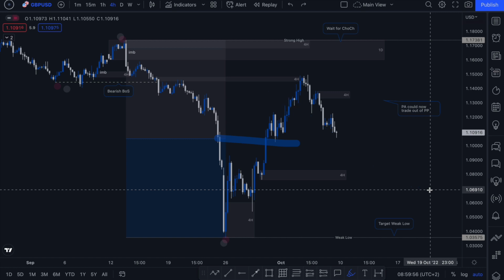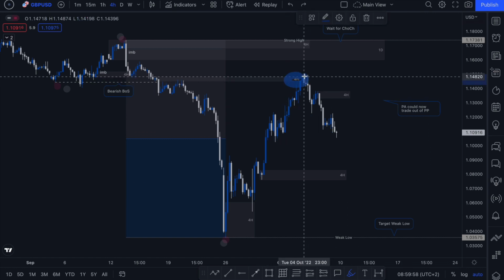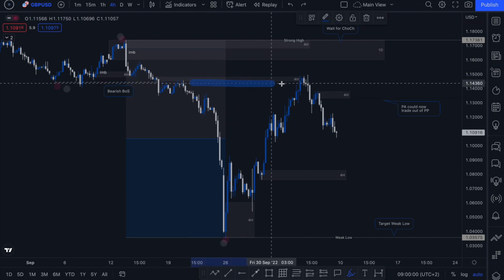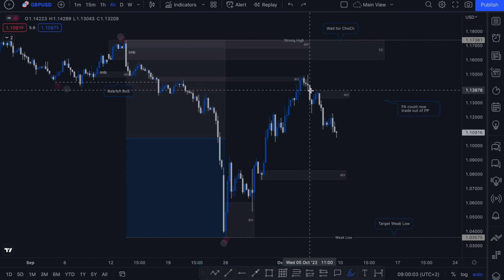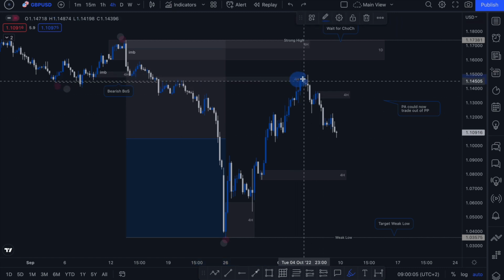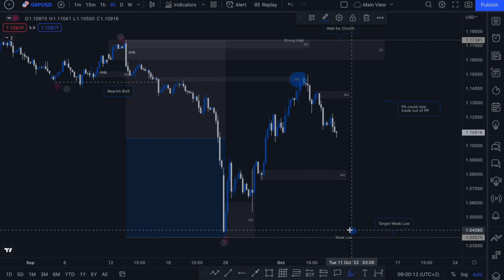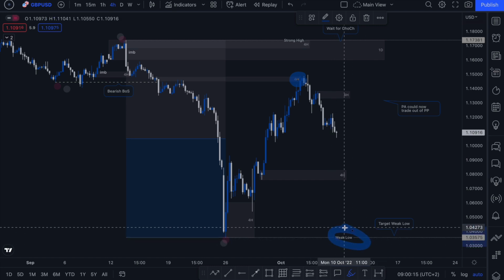If you're trading pro trend, for example, and you mitigate something in here, for example, price action has now mitigated this 4-hour supply zone. If you take a trade in here, realistically, based on our approach to trading, you want to aim for this weak low, okay?